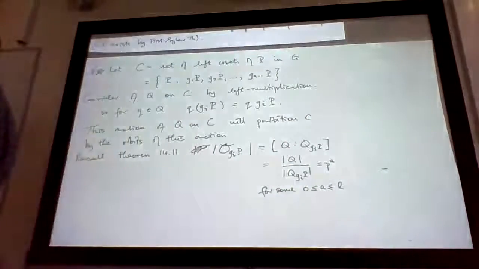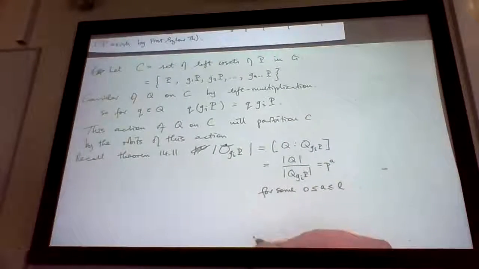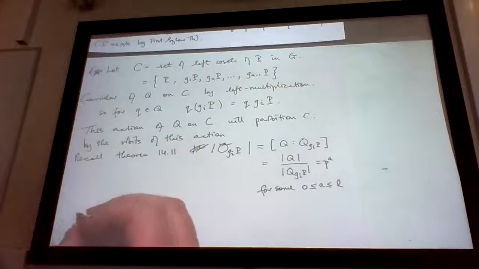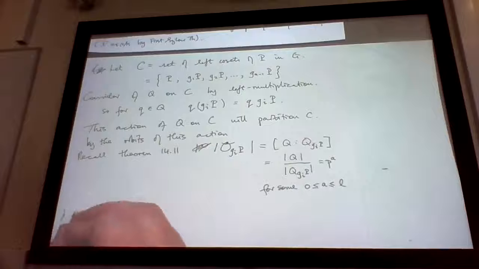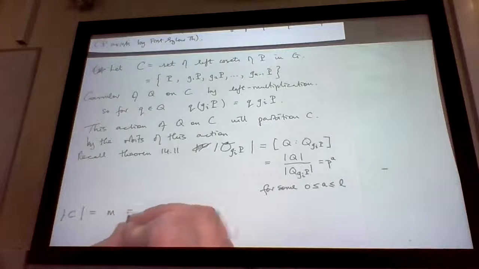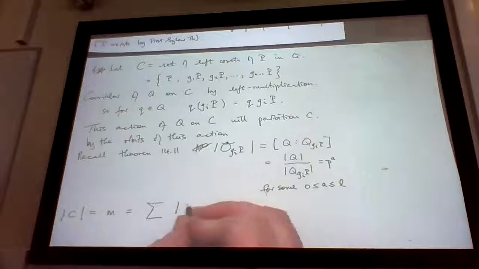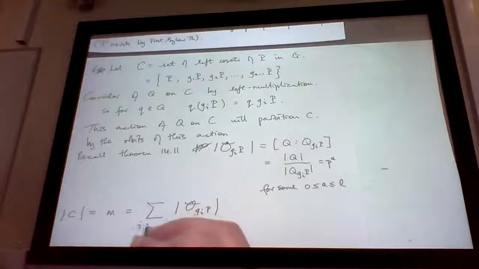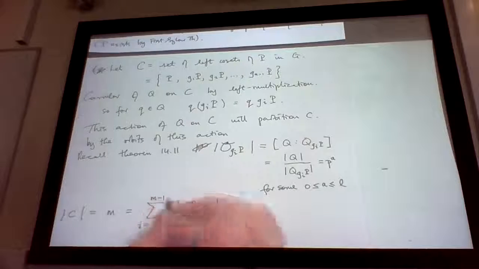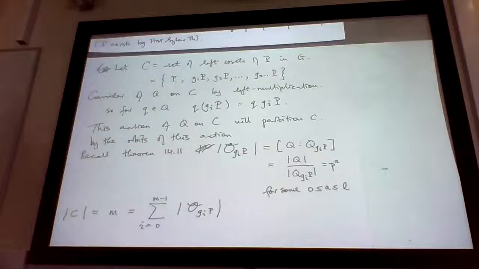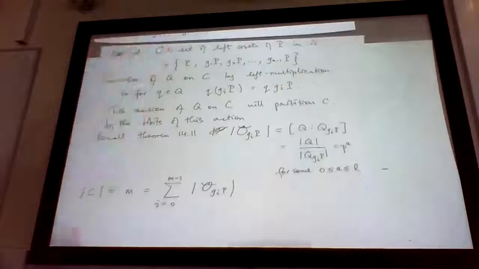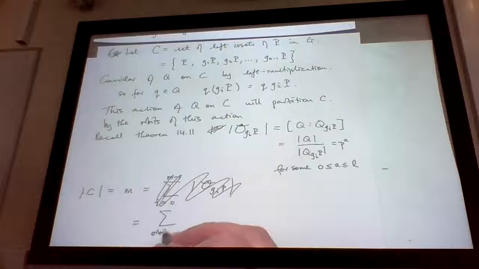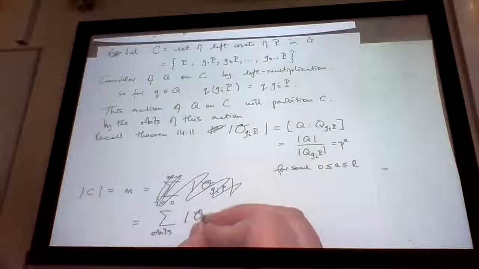Now, remember, the size of C, which is equal to n, is the sum of the sizes of the orbits. Sorry, summing over the orbits, the size of each orbit.